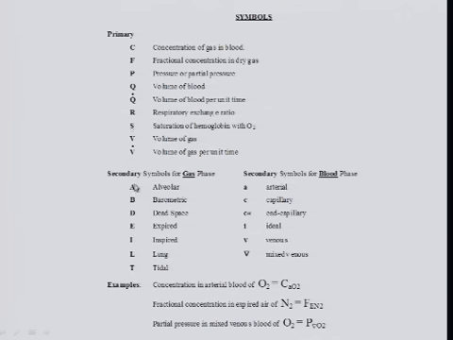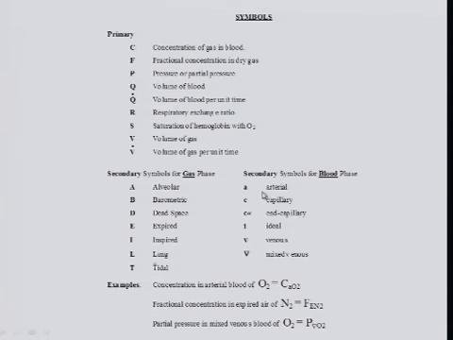As well, there's secondary symbols. Secondary symbols for the gas phase. So if we're talking about a gas, we're talking alveolar, barometric, dead space, which we've talked about a little bit, expired gas, inspired gas, total lung, tidal volume. And then there's secondary symbols for the blood phase.